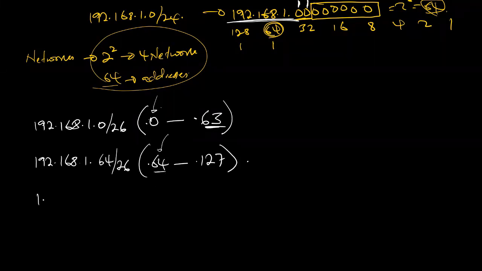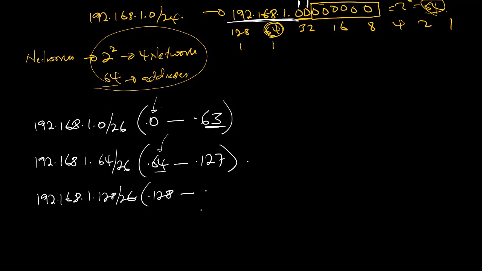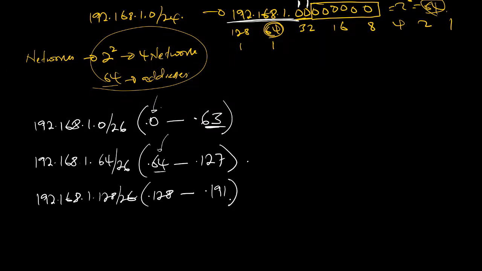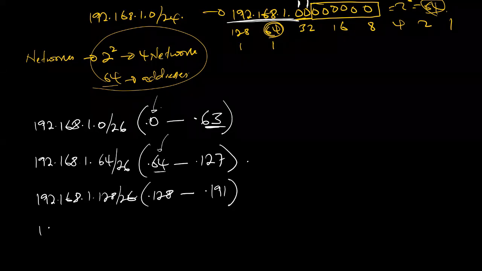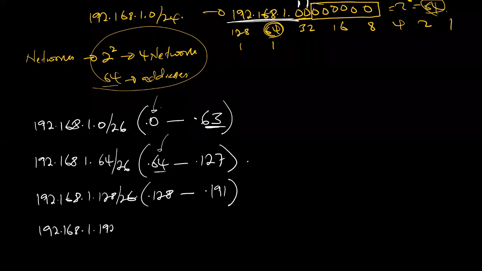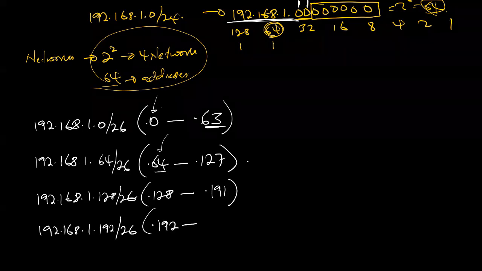The next one is 192.168.1.128/26, starting from .128 up to, add 63 to that, 191. The fourth one is 192.168.1.192/26, and it starts from .192 up to .255.